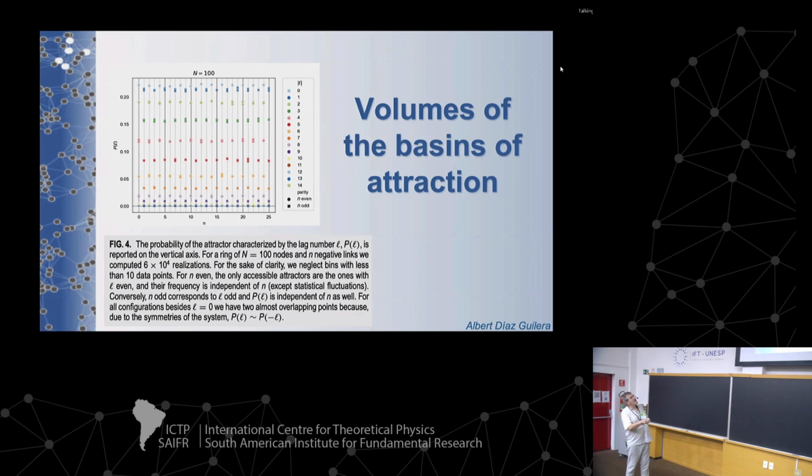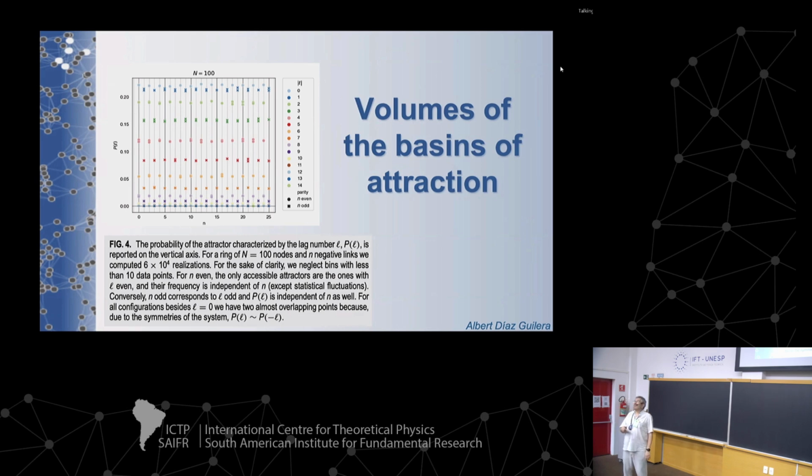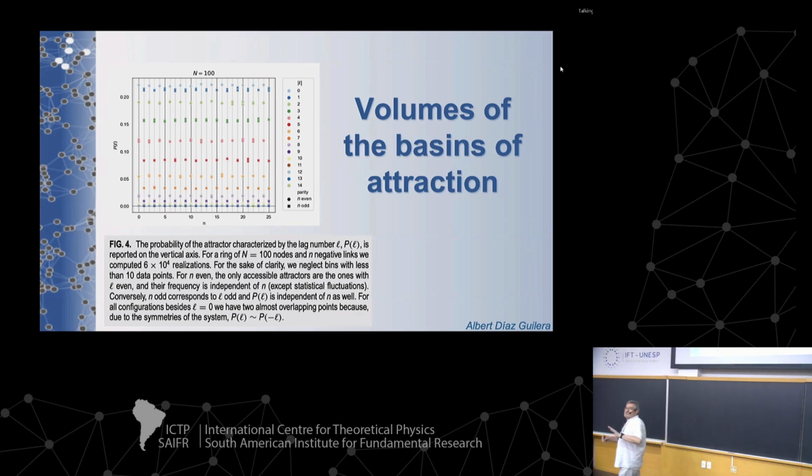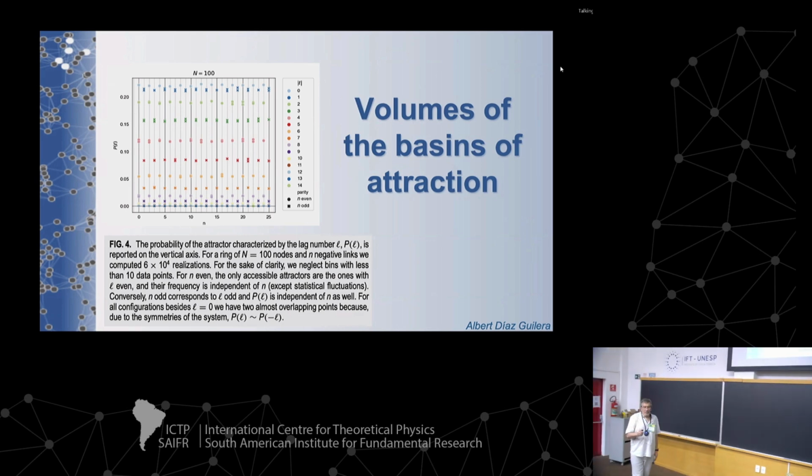If the number of negative links is odd, then only odd lag numbers are allowed, and the other way around: if you have an even number, then only even lag numbers are allowed. This is the condition, which makes sense.